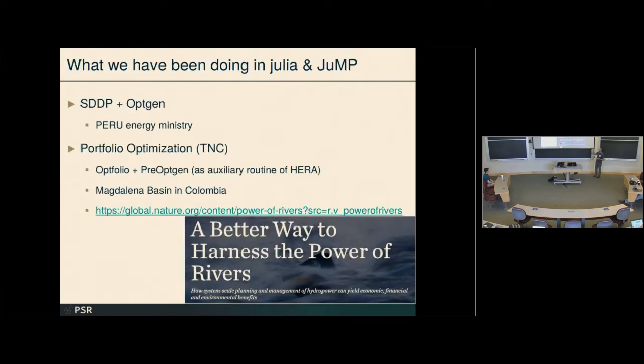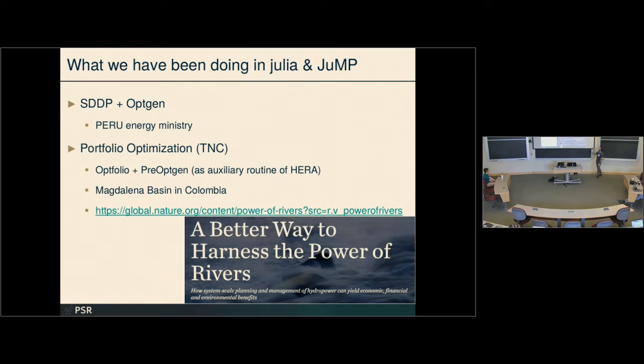Some real projects that we've been working on, that Jump and Julia made possible, are some tools for the Peru Energy Ministry, which are SDDP and a new version of Power System Expansion with OptGen, everything written in Julia.